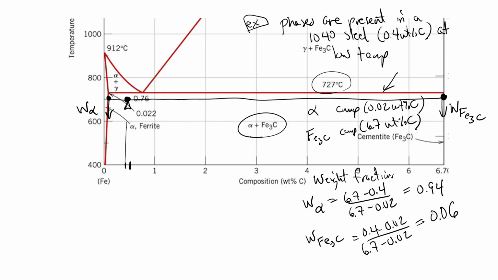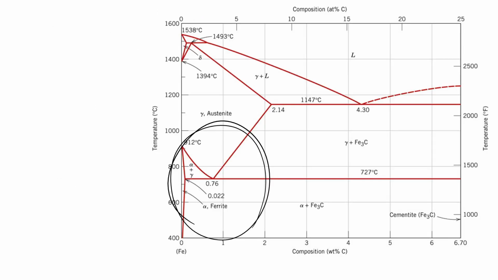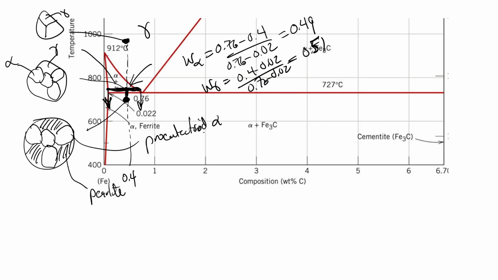Let's go back to that. How much of each? Well, how much is proeutectoid alpha? Well, it was alpha that was around before I hit the eutectoid. That's 0.49 from above. How much is going to be perlite? 0.51.